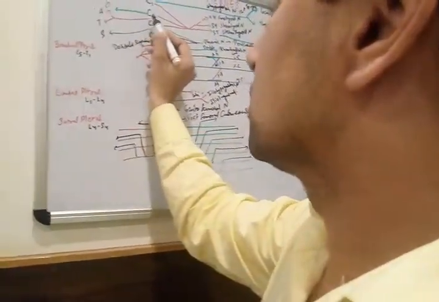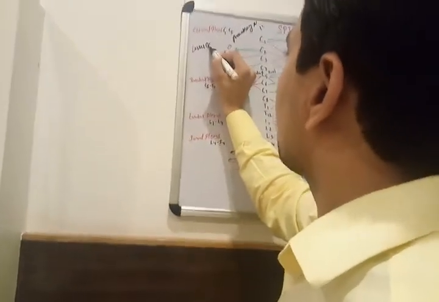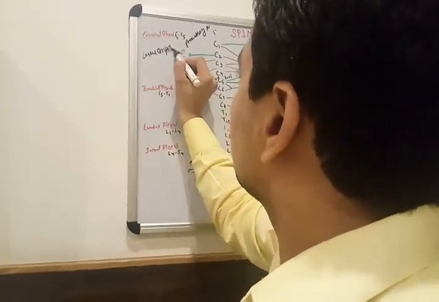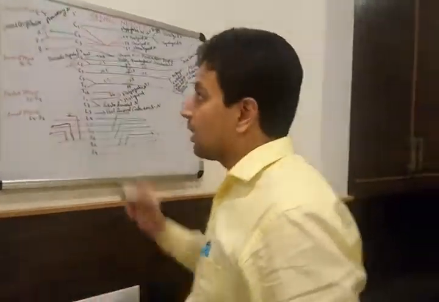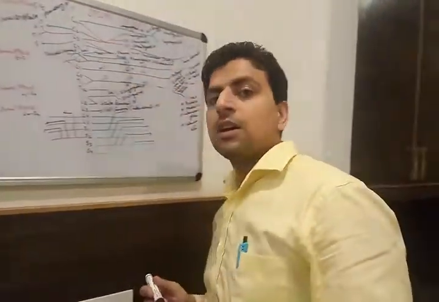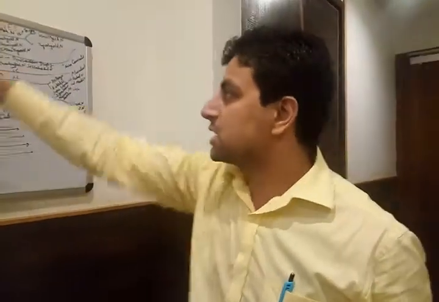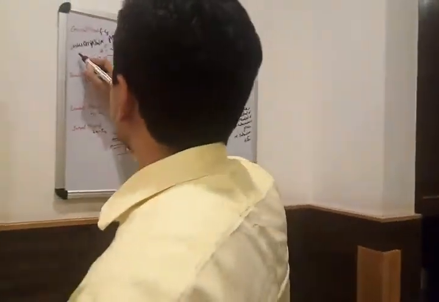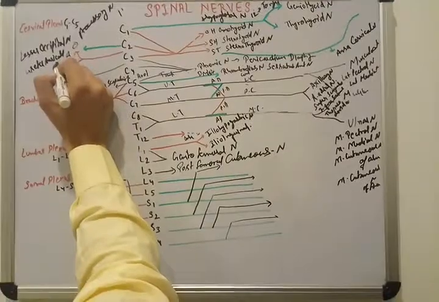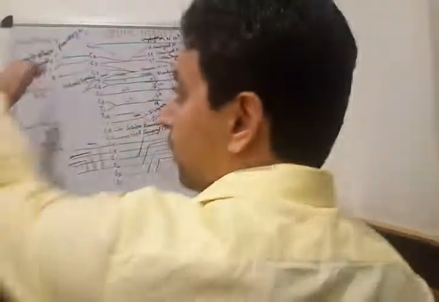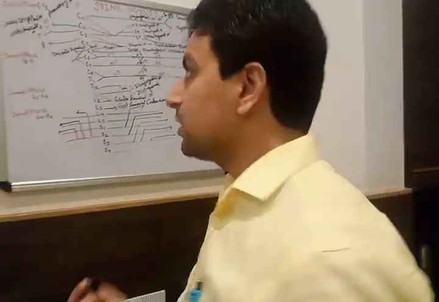You need to remember it this way: OATS. O is the lesser occipital nerve, which supplies the skull muscles. A is the greater auricular nerve, which supplies the outer ear.